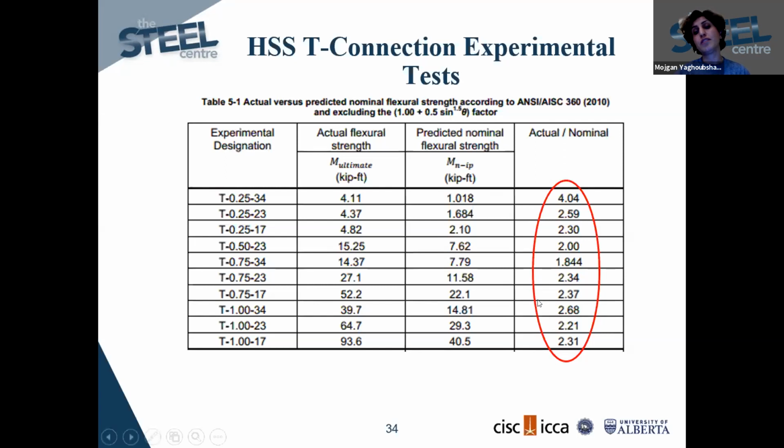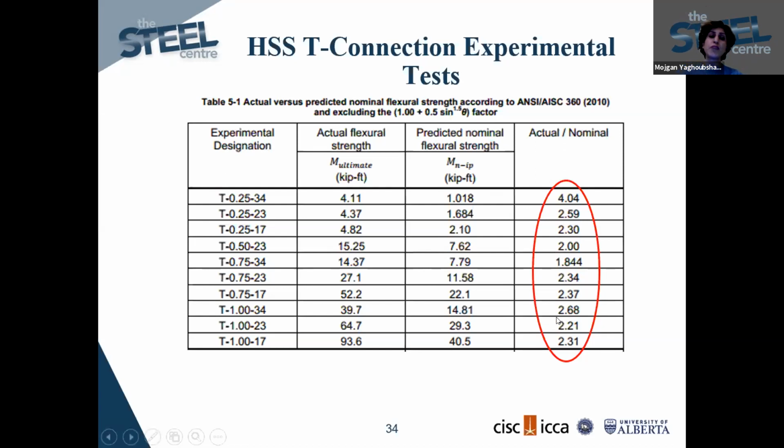If you take a look at this column, you will see that the current design formula in AISC is very conservative. The ratio of the actual strength of the connection is almost more than 2 times those values calculated by the current formula in AISC.